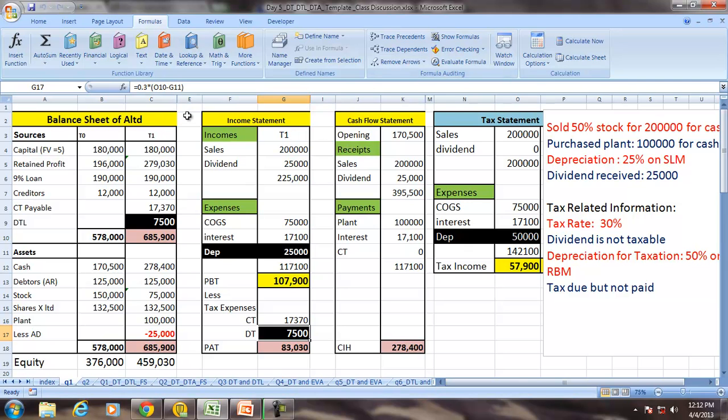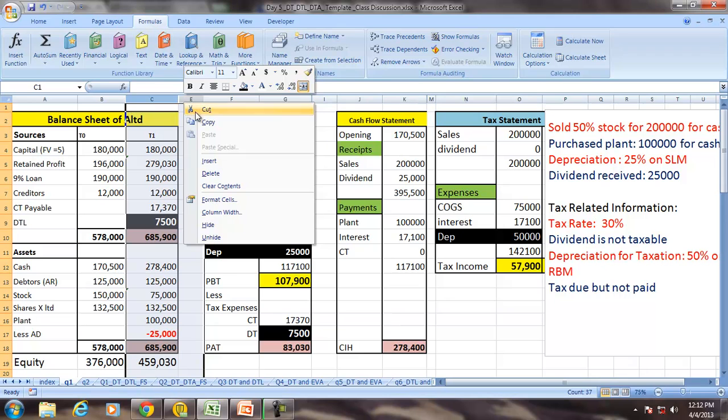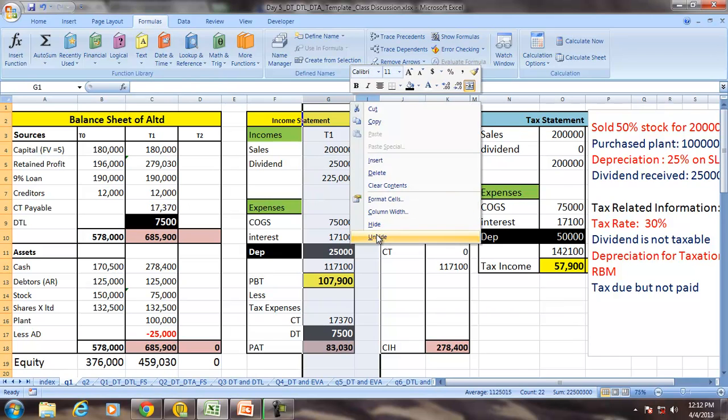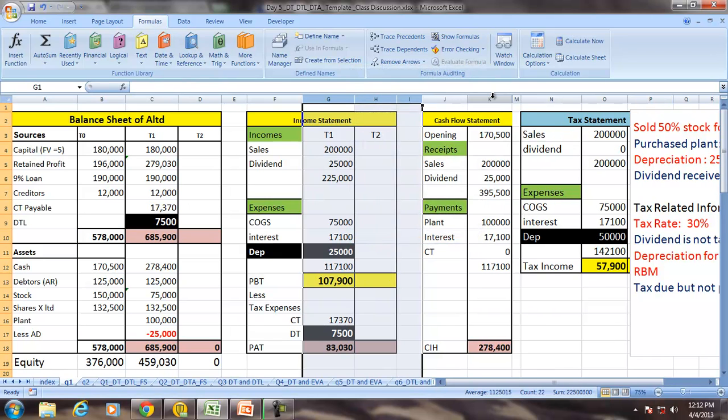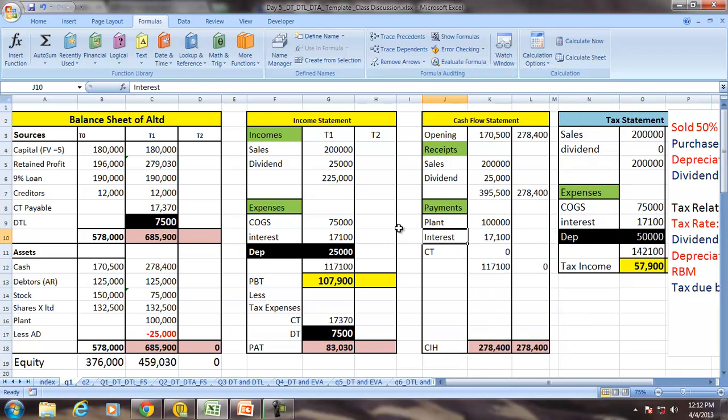Now let us take T2, year 2. We'll do year 2 with the same assumptions, except that the plant has been purchased only in the first year. So opening cash in hand will become 278.